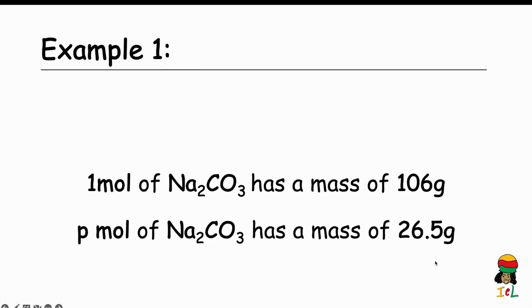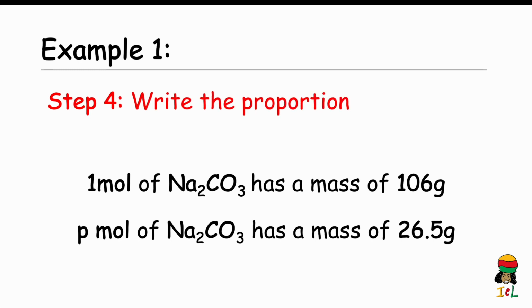Then finally, we're going to link the two statements together. And so we know that 1 mole of sodium carbonate has a mass of 106 grams. And that's the molar mass statement. Then from the question, we need to know how many moles of sodium carbonate is present in a mass of 26.5 grams. So the statements must be written in the same fashion.